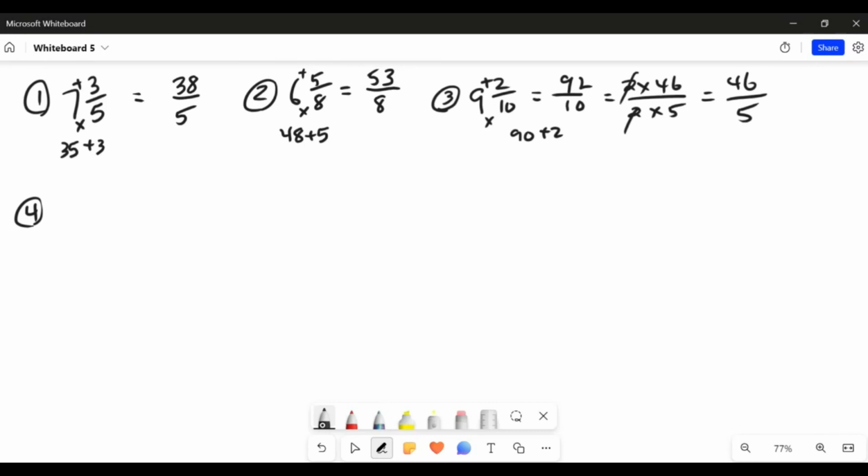All right, I'm going to do one more, 2 2/4. So we take 4 times 2, which is 8, and add the 2, which gives us 10 fourths. 10 fourths is not simplified because 2 will go into the top and bottom. 10 is 2 times 5. 4 is 2 times 2.